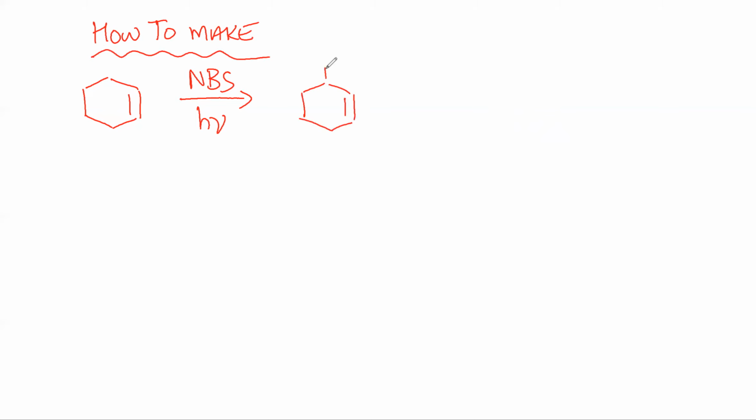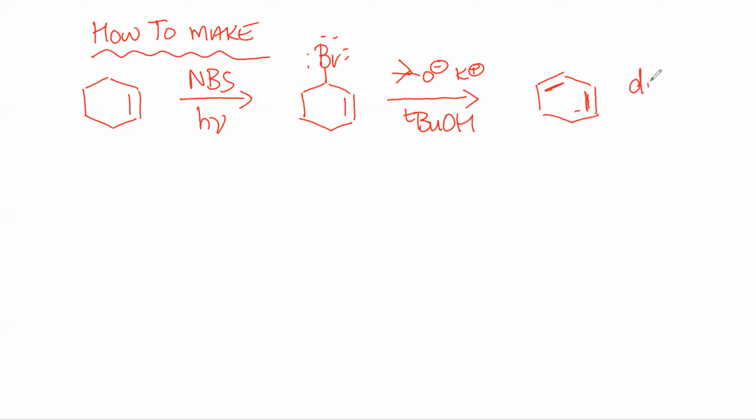We did that before. It's a radical reaction. And then we would do what we did in organic 1, which would be an elimination with, say, potassium tert-butoxide, tert-butanol. And this will give our diene.